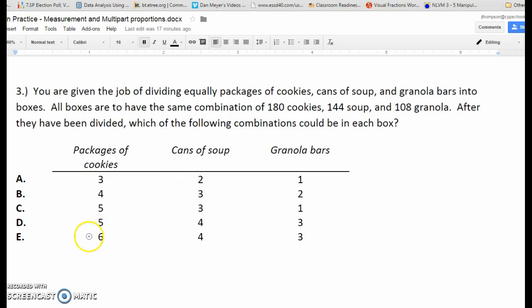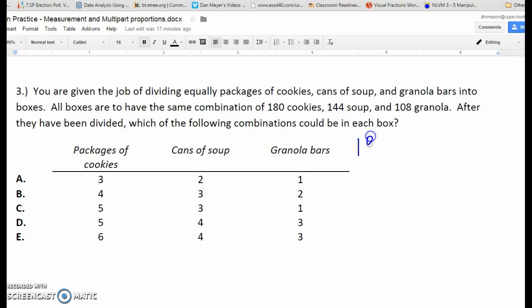It just means that however many boxes I break all this stuff into, every box has to have the same amount of cookies, the same amount of soup, and the same amount of granola.